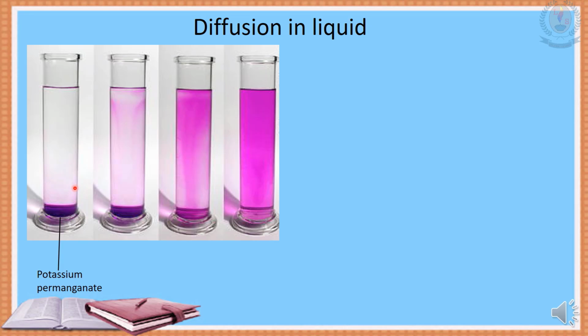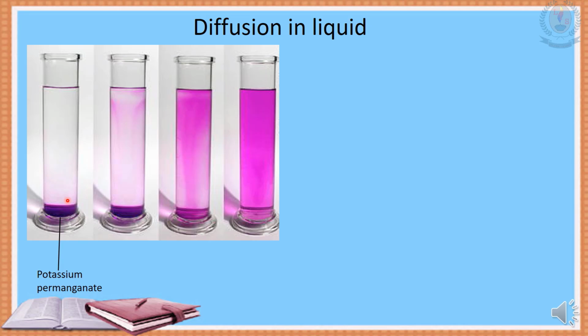Through the straw you can send the potassium permanganate directly to the bottom of the beaker. Then you have to keep it at rest for a little bit of time.